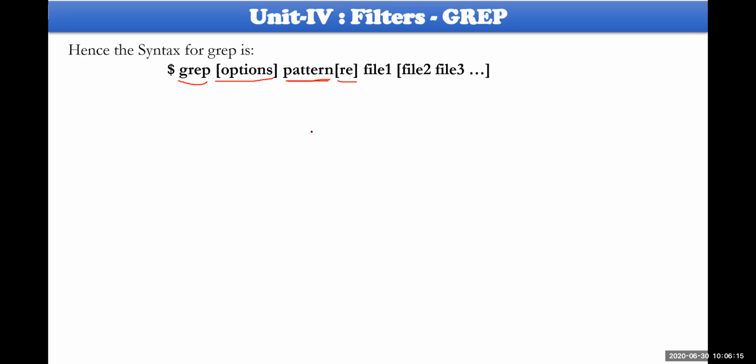There is a huge difference between a pattern and a regular expression here. Let me explain after some time, probably within two to three minutes. Then followed by a file name, a single file. If you want the same pattern to be searched for many files, you can type as many file names as needed here.